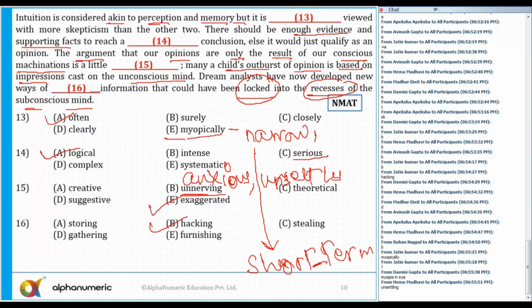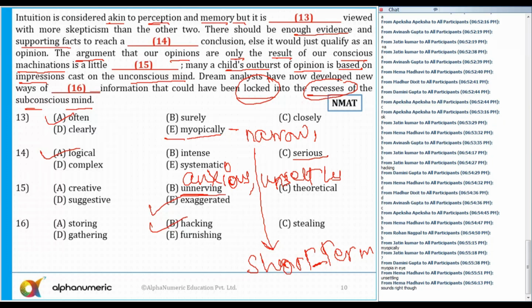So let's come to the next set. How does it sound correct, Hima? It is unnerving. How? The argument that our opinions are only the result of our conscious machinations is a little unnerving. This argument will unsettle me or make me anxious. Why? No, this looks absolutely wrong to me.